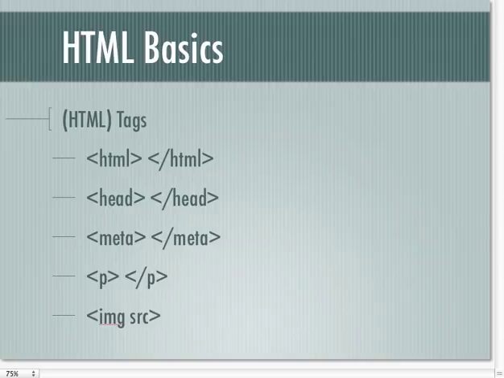The information that you want to be published onto a web page goes between these two tags, the open tag and the closed tag. These are very simple HTML tags, but once you have an idea of these, you can look at the source code of a page and begin to break down how it's done, kind of like getting to see the backbone or the skeleton, the structure of a website.